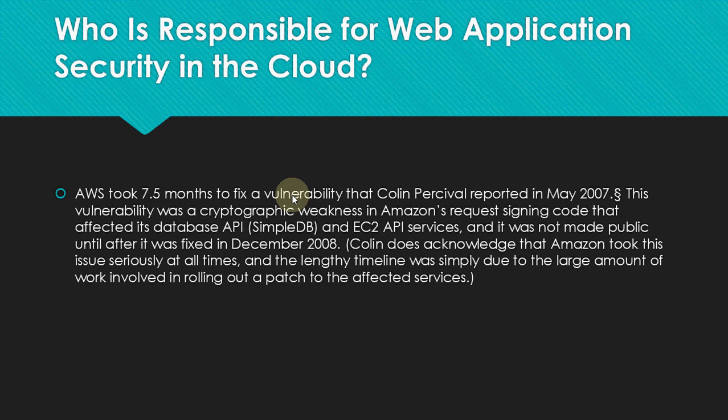One example is Amazon Web Services. An organization found a vulnerability inside AWS affecting the database API, SimpleDB in EC2, and that organization informed AWS that there was a problem at the database API at the level of SimpleDB, but it took around 7.5 months to fix that vulnerability.